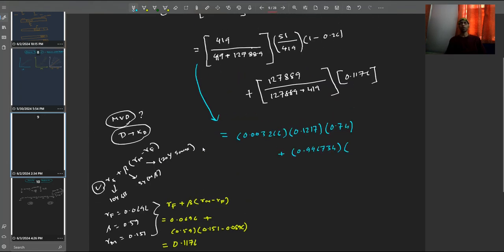So 0.1176. Now we are in a position to find out the answer, friends. This is equal to, the value comes to be 11.751%. Right. So this is the cost of capital. This is the cost of capital.